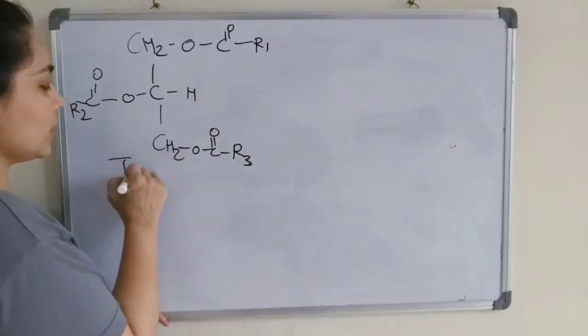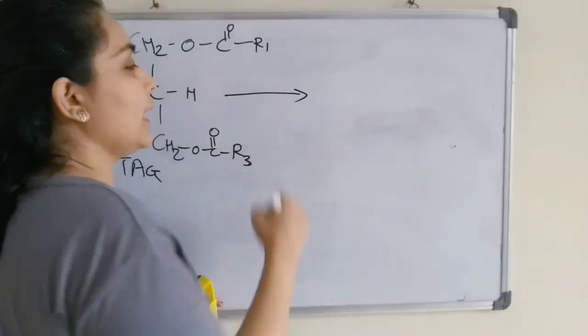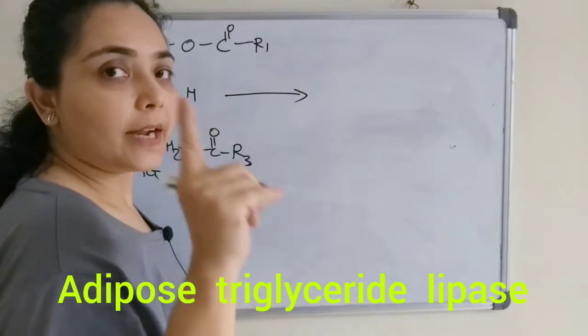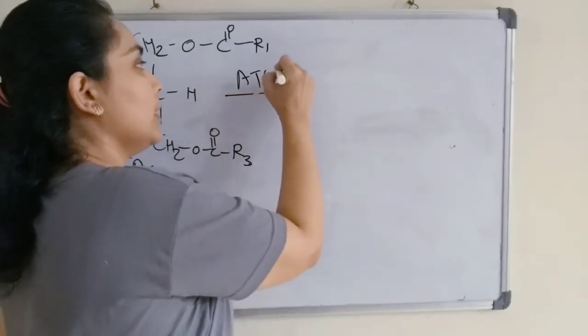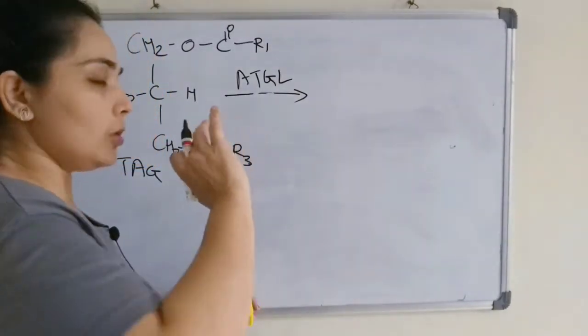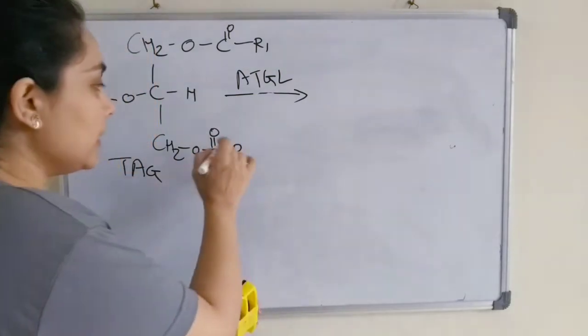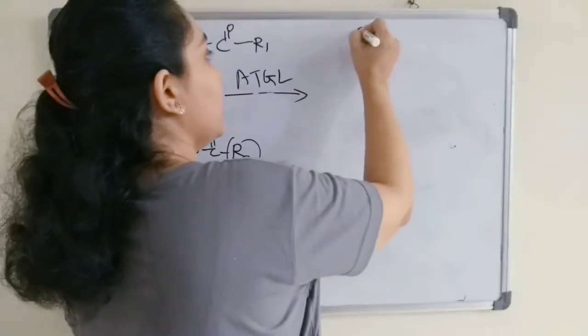Here R1, R2 and R3 stand for fatty acids 1, 2 and 3. So this is the structure of the triacylglycerol. It is acted upon by the enzyme ATGL, adipose triacylglyceride lipase. Here the hydrolysis of TAG will take place, and it will release 1 fatty acid.